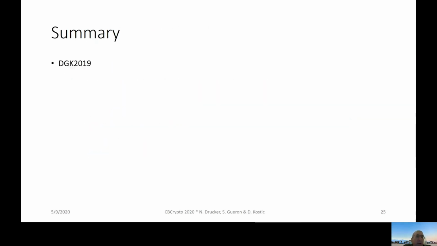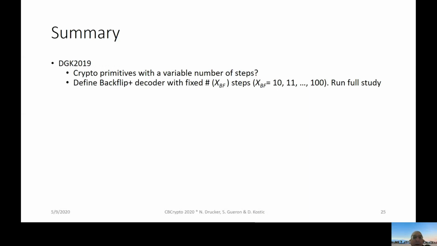So in the end, what we have in this study, in the 2019 study, is the question about a crypto primitive with a variable number of steps. It is fixed through setting the number of iterations for BackFlip. So we call it BackFlip plus decoder, and study from a very small number up to 100, and we run a full study.